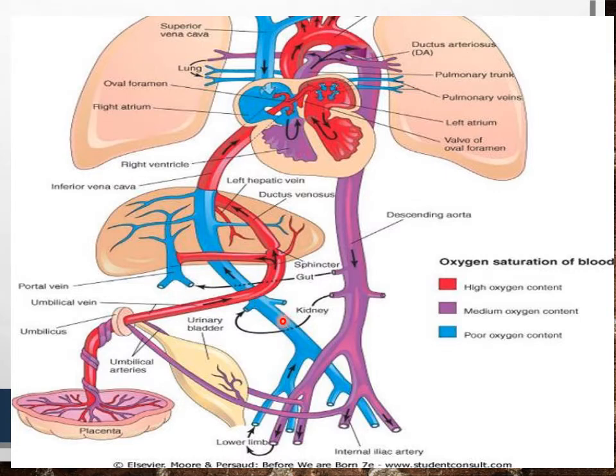So these are the four areas: this portal venous, this inferior vena cava carrying the blood from the lower extremity, mixing here with the blood which is directly coming through the placenta. Then the superior vena cava is sending deoxygenated blood from the upper areas, from the head and neck region, and the deoxygenated blood of the lungs mixing here near the ductus arteriosus.